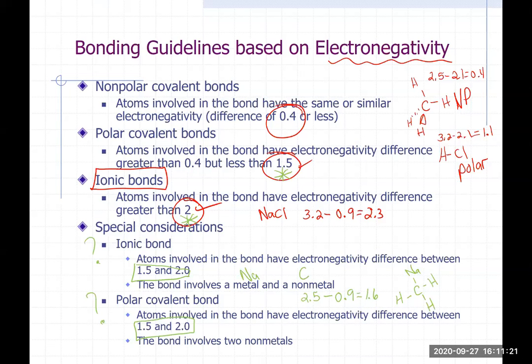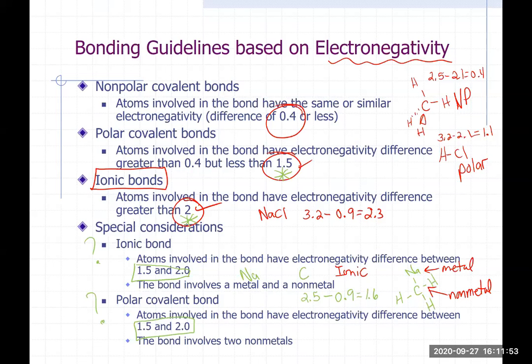1.6 is between 1.5 and 2.0. And so that's in this gray area here. We evaluate, we say sodium is a metal. Carbon is a non-metal. And so therefore we have an ionic compound.